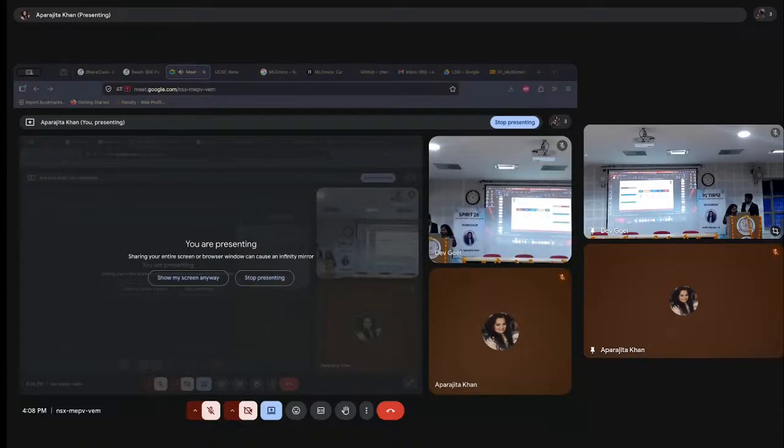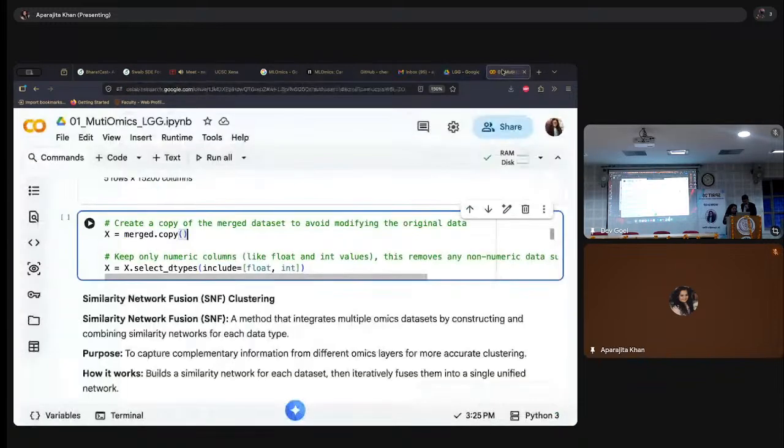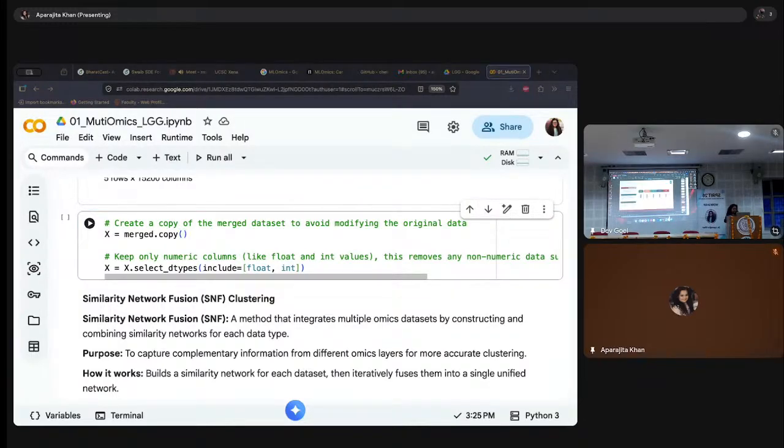Is it fine? Is it not working? Is it showing the same screen? So now which screen is it showing? The code screen. Yes, ma'am.